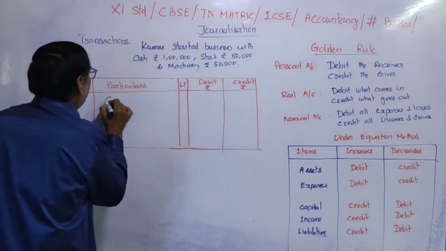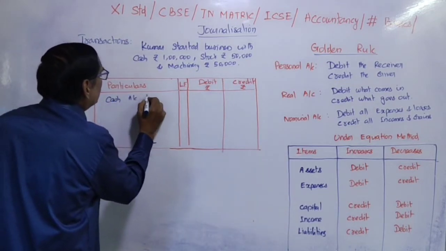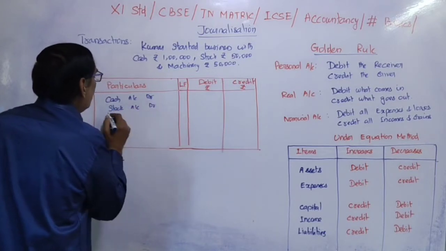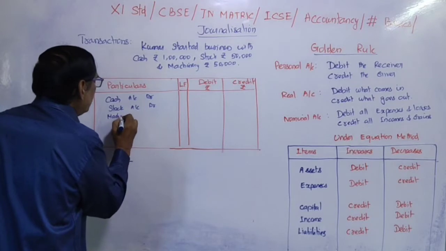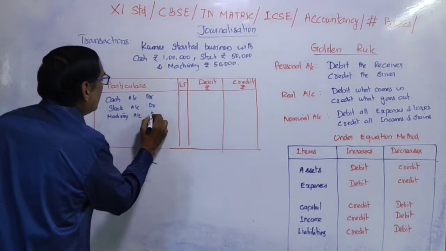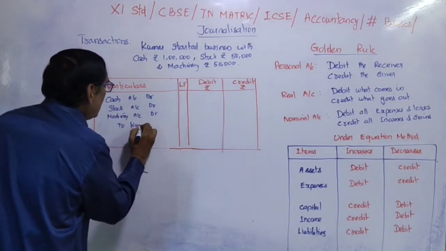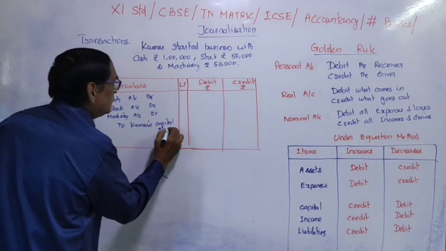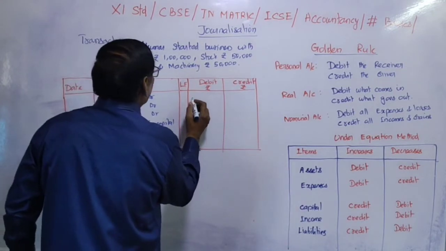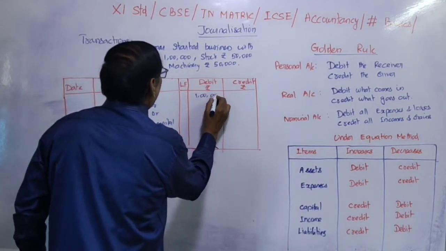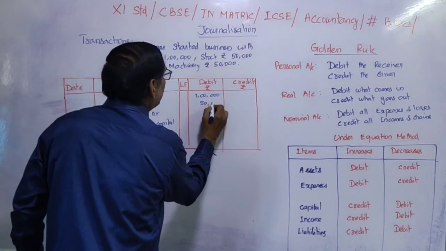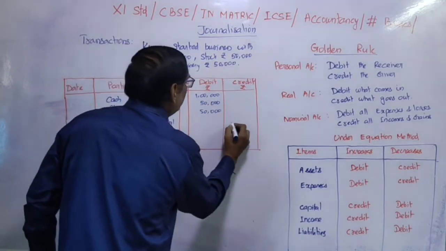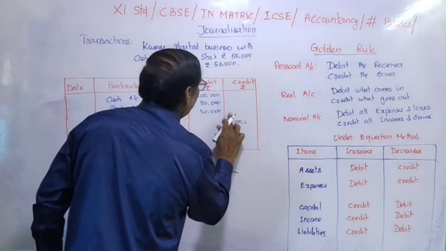For example, cash account debit, stock account debit, machinery account debit to Kumar's capital account. That means cash 1 lakh, stock 50,000, machinery 50,000. So the total capital account is 2 lakh.